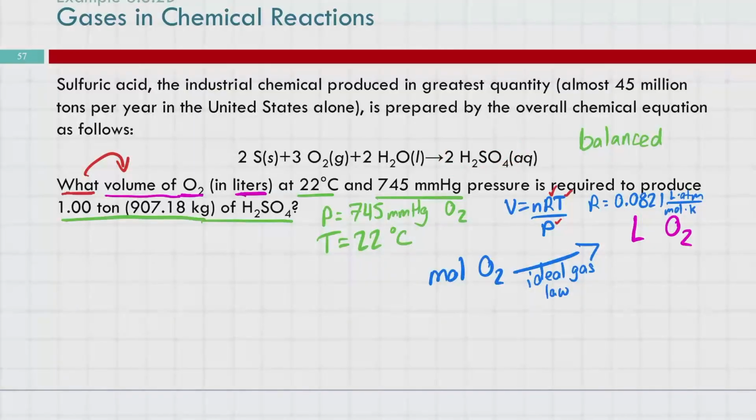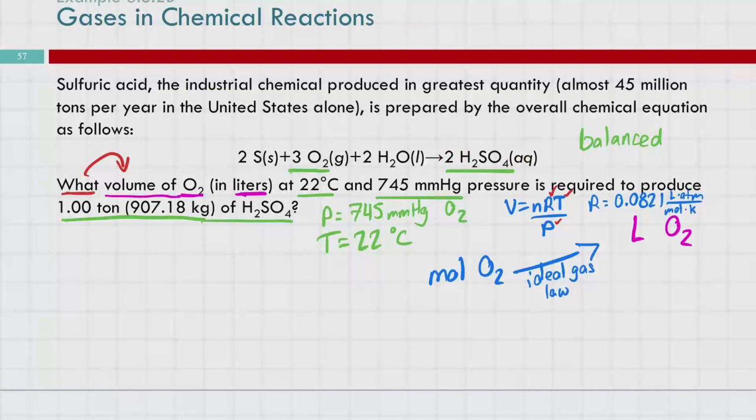So we've got some stuff that's related to H2SO4. Do we know how our O2 and our H2SO4 are related? Both have oxygen. Do we have a ratio between the two? For every 3 O2, we can get 2 H2SO4. This ratio, 3 moles of O2 equals 2 moles H2SO4.